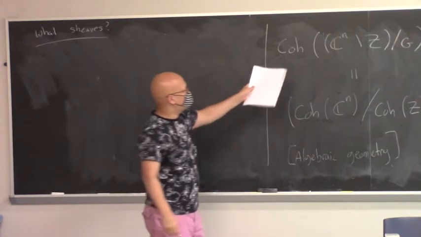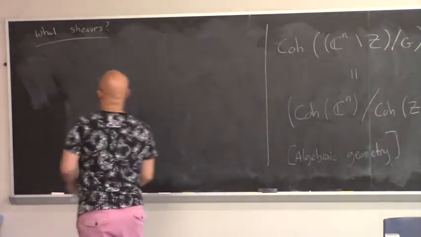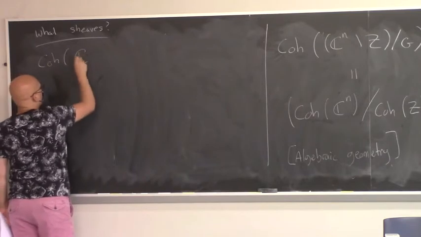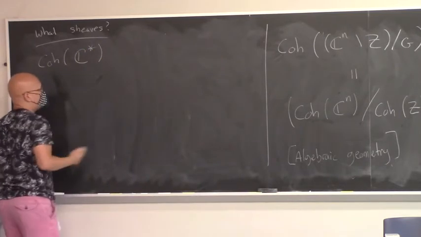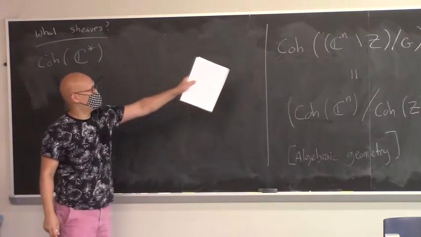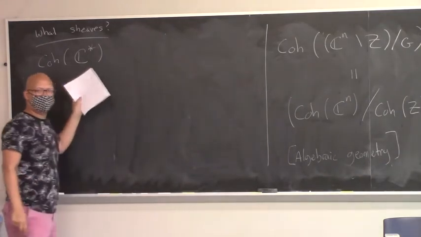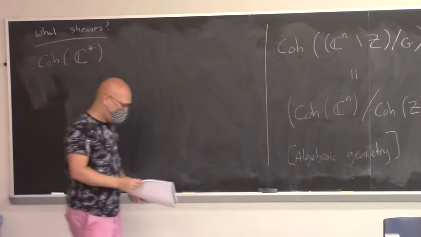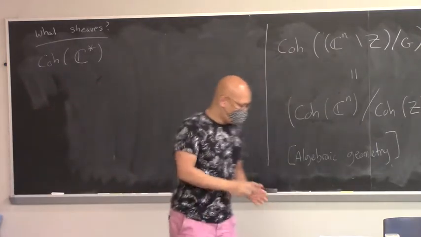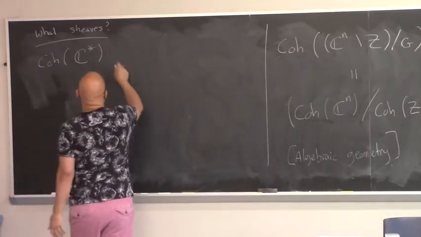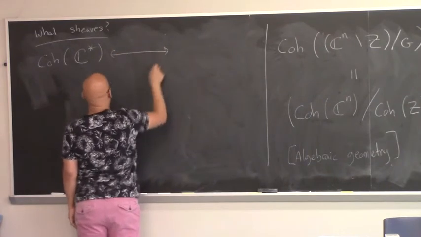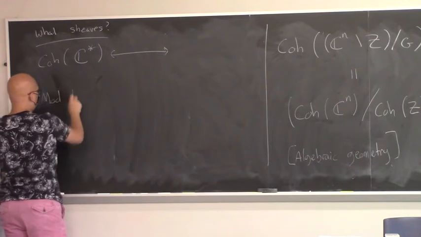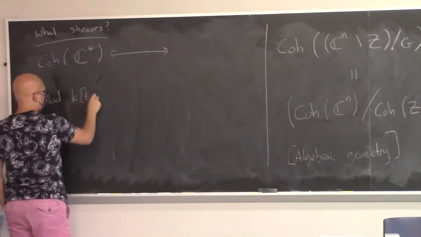So I'm going to start with something much easier than this, maybe in the same world. The simplest example of such a group G is just C star itself. And I'm going to think a bit about coherent sheaves on C star. This is some kind of modules over k[t, t inverse].